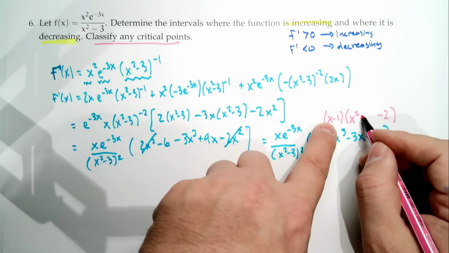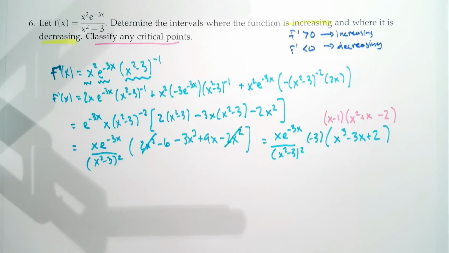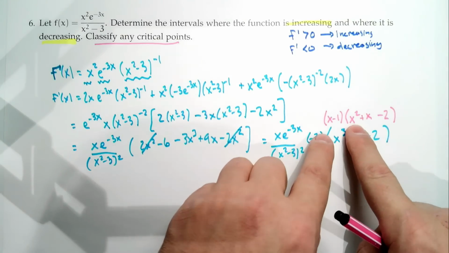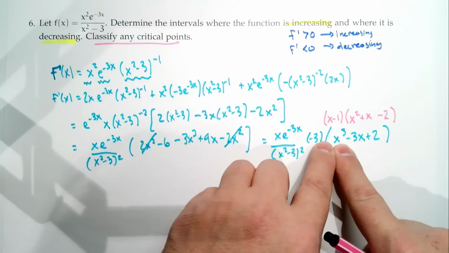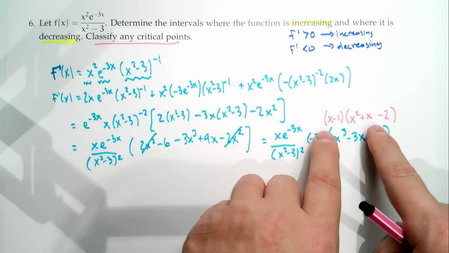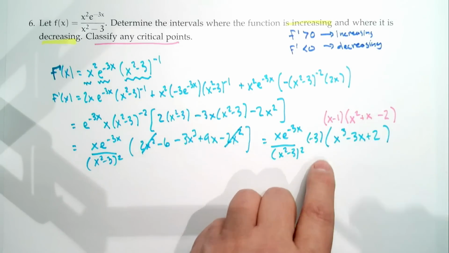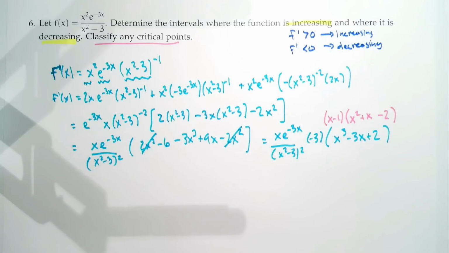So that would only work if this was a plus x. The reason I know there's an x squared in front is I have to get to x cubed. The reason there's a minus 2 at the end is I have to get to 2. And then I look at either the x squared or the x term and use that to reason what the last piece in the middle has to be.